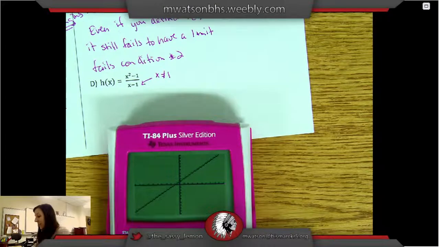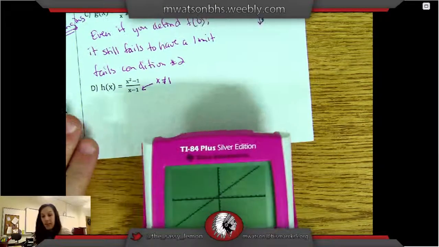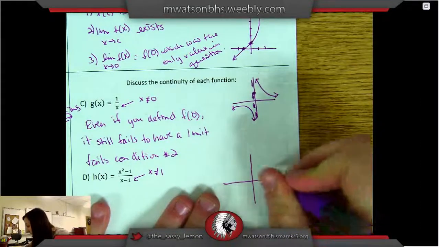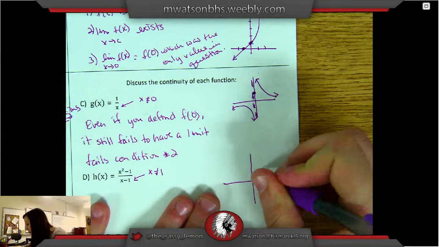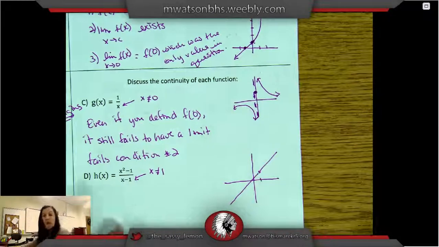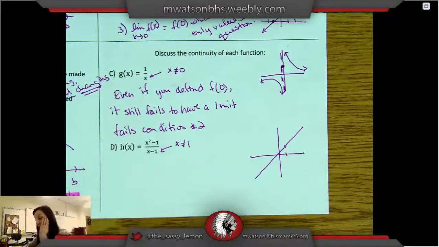So what we could do is we could actually, on this one, since there's no asymptote, let's just draw a little graph over here really quick. It's something like that. What we can actually do is we can redefine this one.